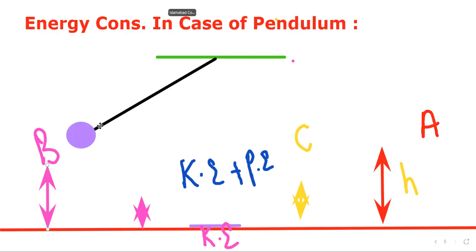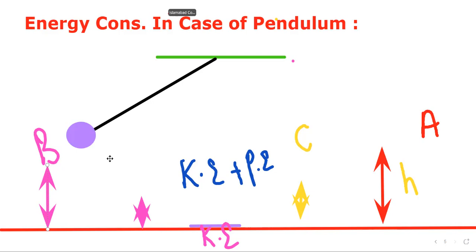So we have only potential energy, at A and at B. If there is no friction or air resistance, then the kinetic energy and potential energy oscillate.